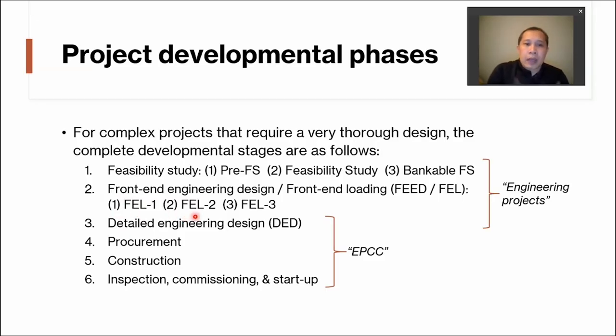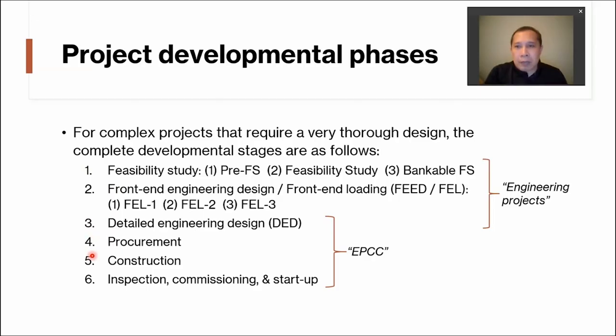Step number 3 is detailed engineering design, or DED. Steps number 1 to number 3 are also frequently classified as, quote-unquote, engineering projects. So when chemical engineers say, oh, this is an engineering project, they will refer to these steps. Then the next step is procurement, meaning we purchase the equipment to build the chemical processing plant that we want to build.